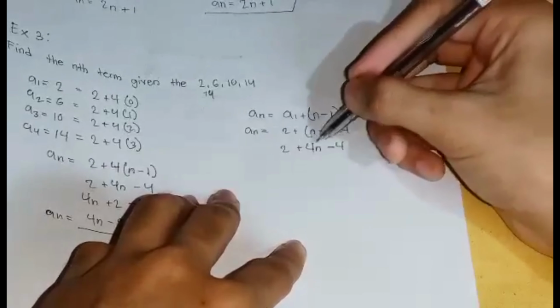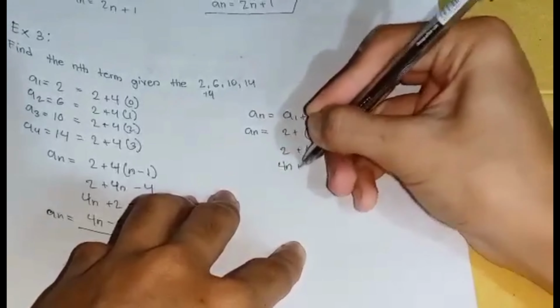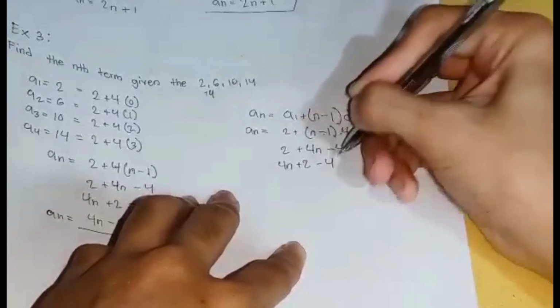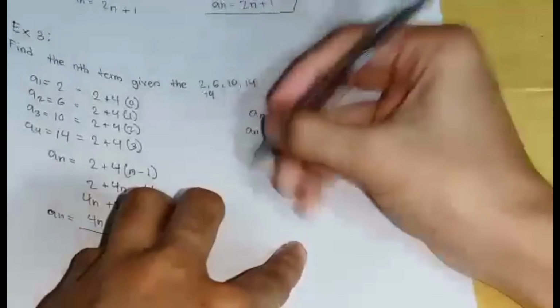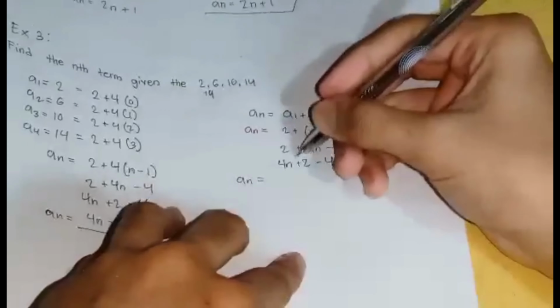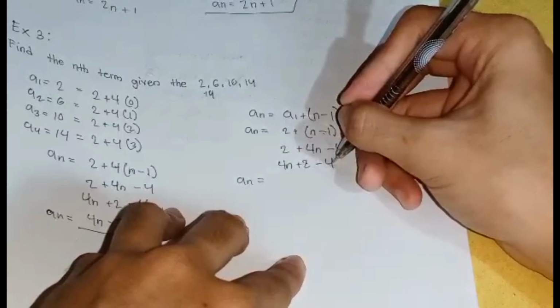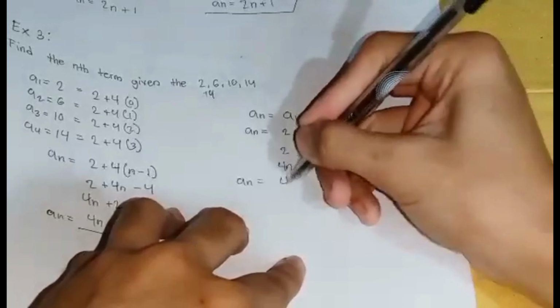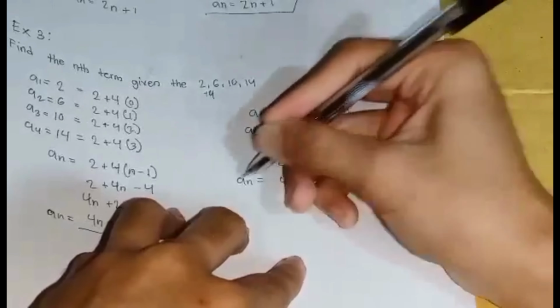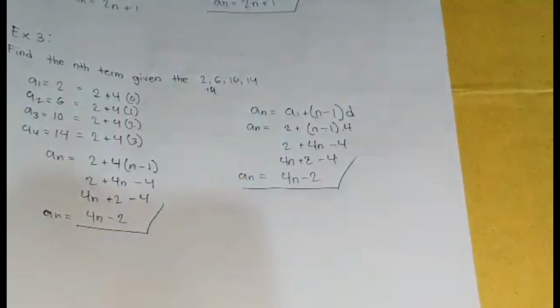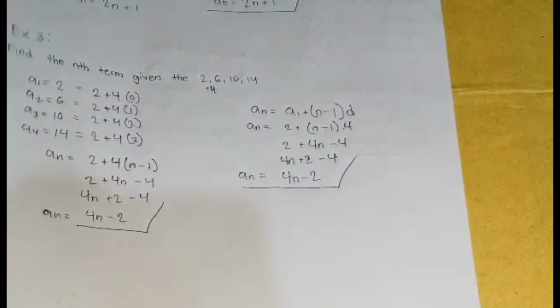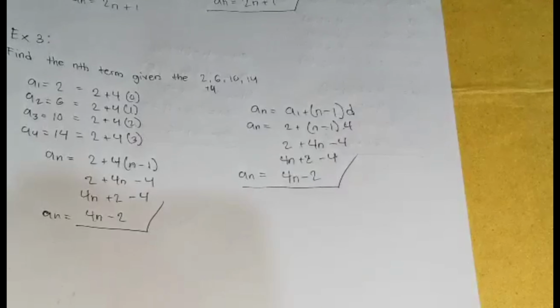So, mas mauuna ulit ang may variable, 4n plus 2 minus 4. Mas malaki ang 4 kaya magiging negative. So, a sub n, 2 minus 4 is negative 2. 4n minus 2. So, same answer lang sila. Ganyan ang dalawang ways kung paano mag-solve ng mga arithmetic.